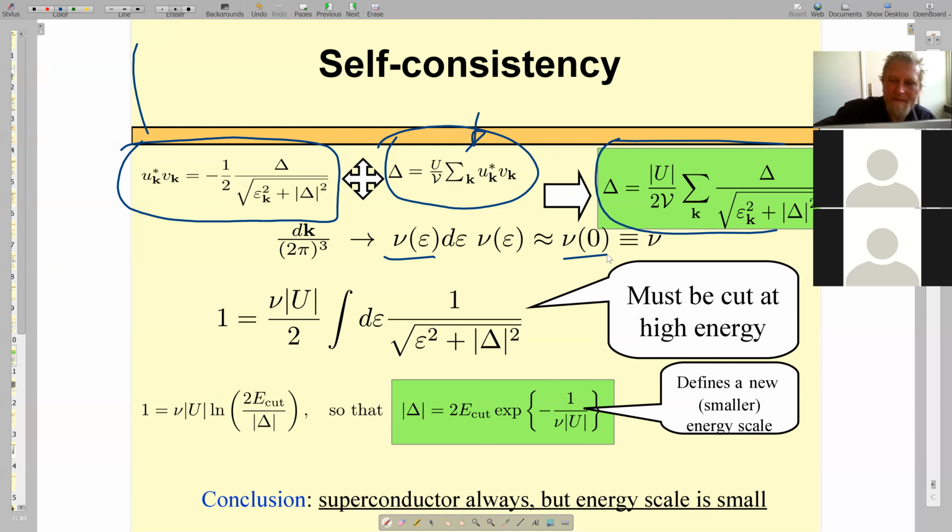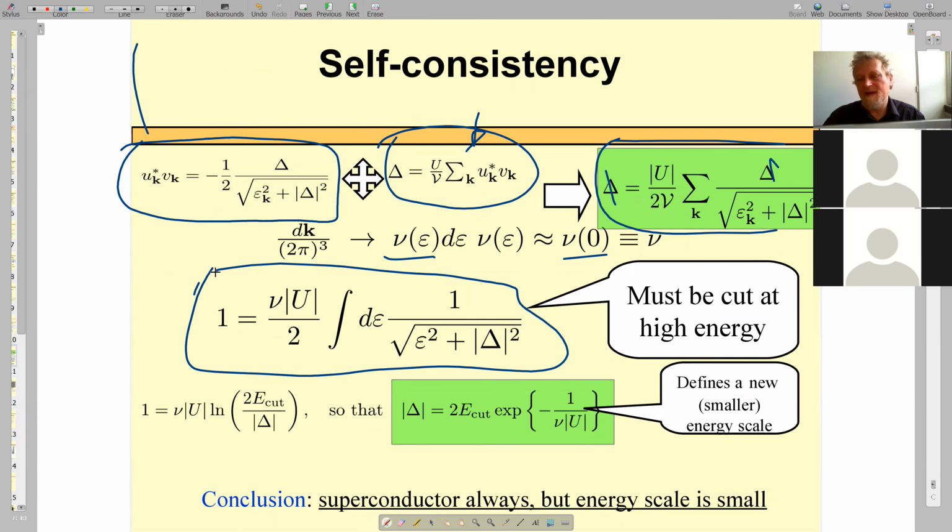That's what we have. So what I did, I made this integral and I canceled delta in both parts. The point is that this integral diverges at high energy, and one has to take care of a cutoff. This cutoff can be something like the Fermi energy. Right, so we put this cutoff here. And that's what we get.